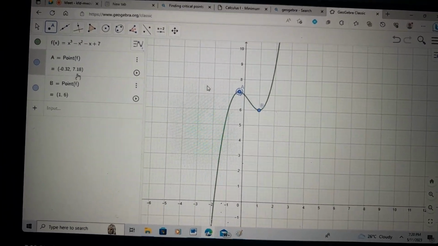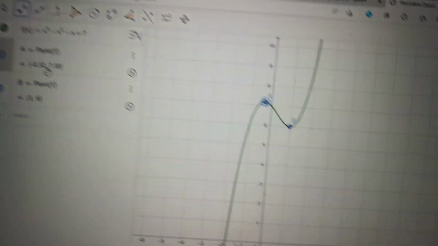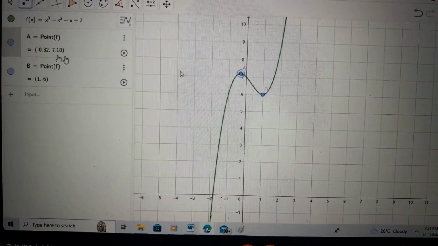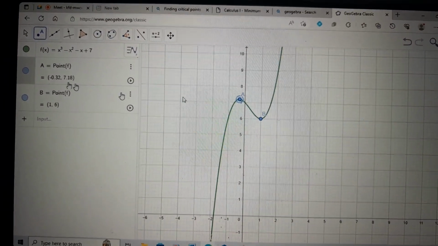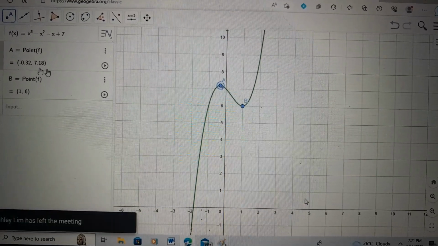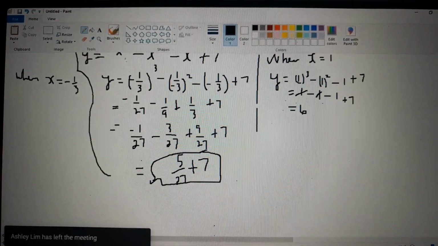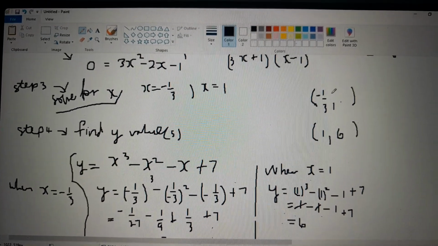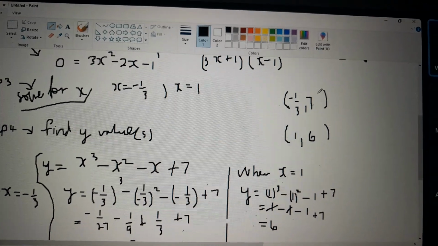So negative 1/3 would be like 0.33, and we see our y value is like 7 with a fraction. So that 5 over 27 would work out something around that, right? So I really wanted you to see it here because the next and final thing we have to do after we find our points, so our answer here would have been 7 and 5 over 27.